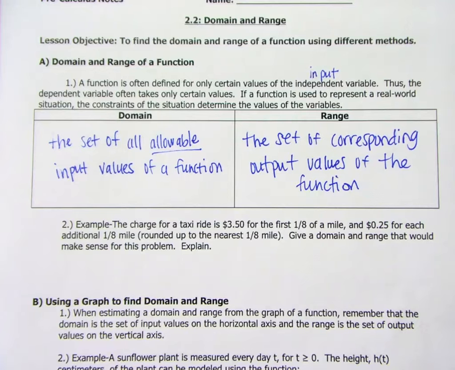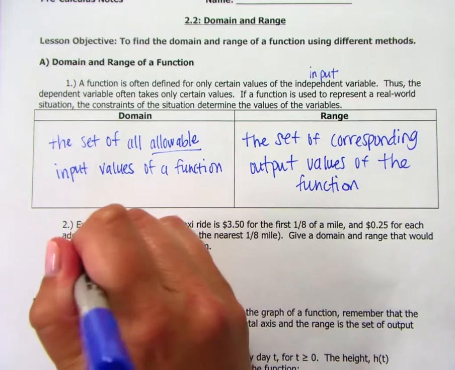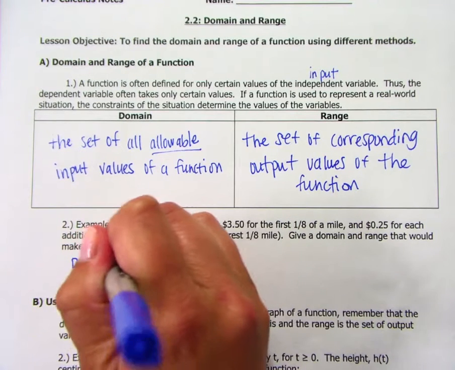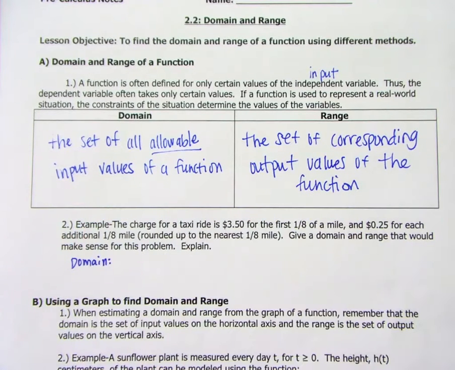So we have to kind of think about what our input is. Our input here would be our ride length, how far we've gone in the taxi, okay? It's important to identify the input because that's what then determines your domain. So if our input is the length of the taxi ride, then think about what the corresponding domain would be.